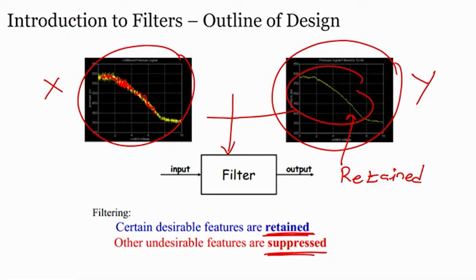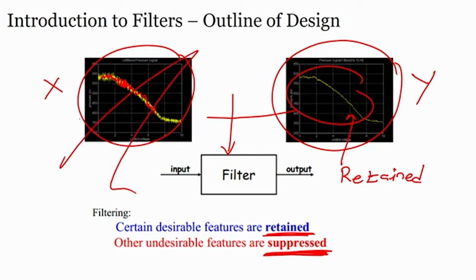That means we have suppressed the spikes, our undesirable features, alright. So, with the help of a filter we can retain the desirable signal and suppress the undesirable signal.